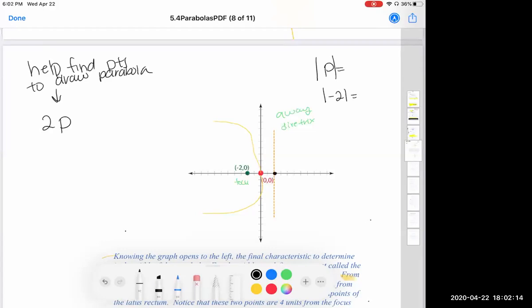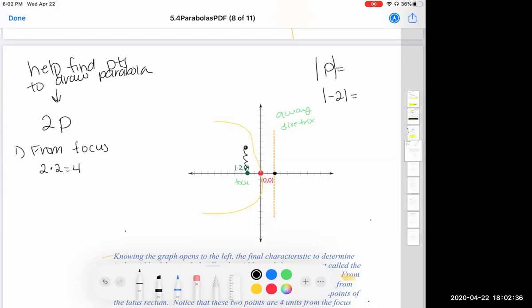All right, so from your focus, you want to count 2 times p. So my p in this case was 2. So I'll move 4 units from my focus. So I have 1, 2, 3, 4.